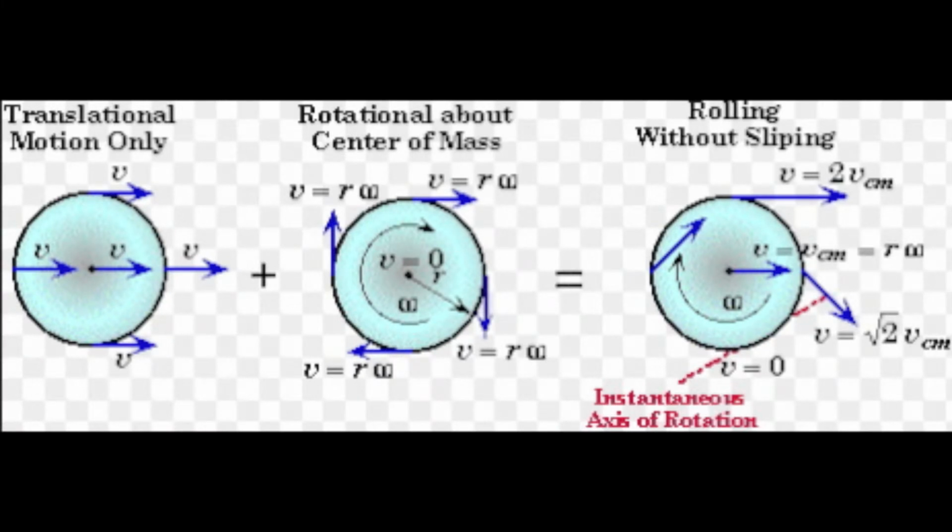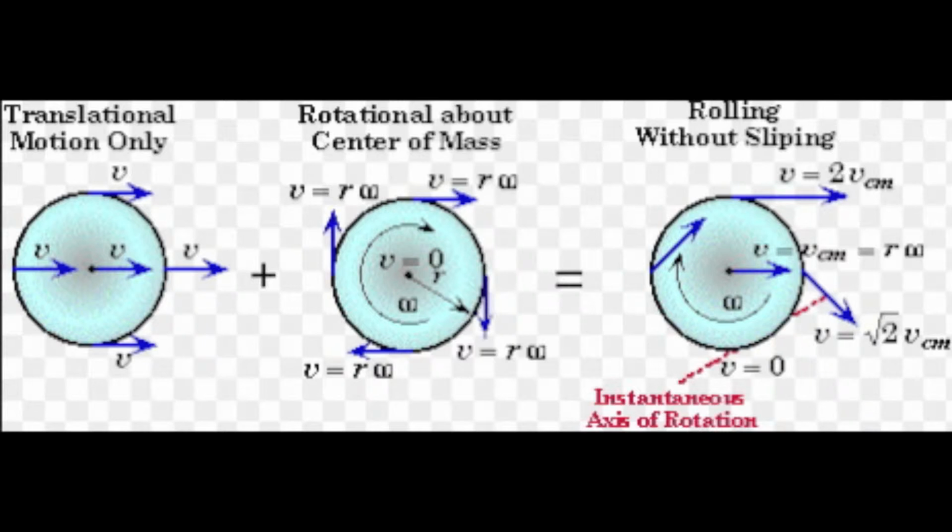Our first example we looked at dealt with the ball at the end of a rod. Now let's deal with something else. Let's deal with a rolling ball. So obviously we can see that the ball itself is moving as well as rotating. So there's not only rotational motion, but translational motion as well.